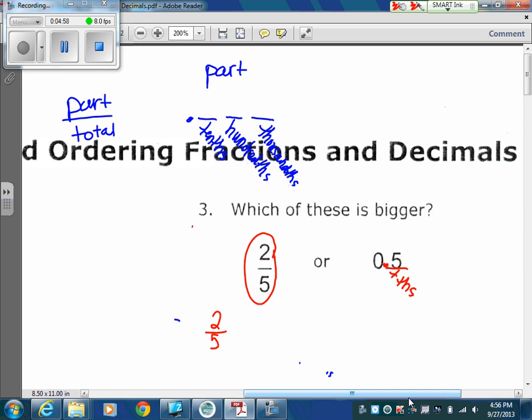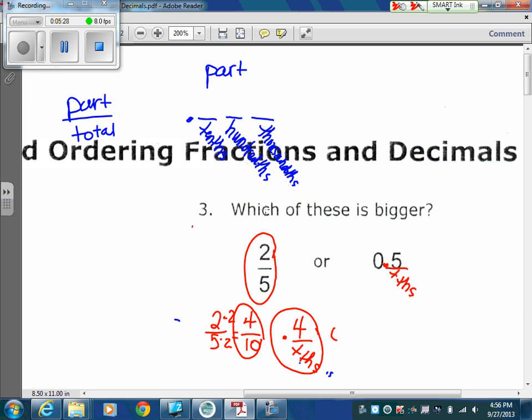Well, I know 5, I can get to 10 very easily. 5 times 2 is 10. 2 times 2 is 4. Now my fraction is 4/10. I know that now sounds like a decimal place value. Now I can just put it into the tenths place, and my fraction 4/10 and my decimal 4/10 sound identical.